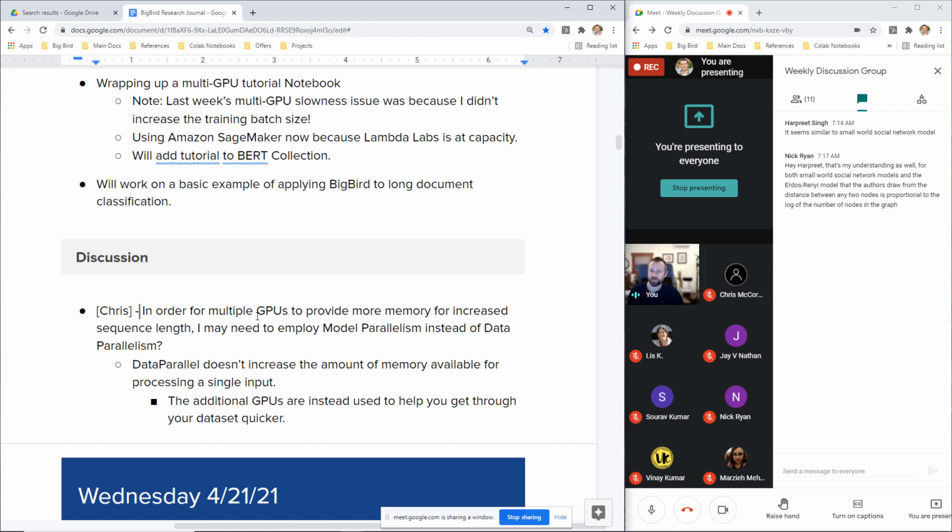So more GPUs means more memory. However, I think that's only true if I employ model parallelism instead of data parallelism, which means dividing the model across the GPUs instead of replicating the model and having each GPU work on a different chunk of the dataset. So it seems like the point of data parallelism is really just to get you through your training set quicker. But if your goal is to have more memory for your model, then model parallelism seems like what I need to do. So I might have to look at that.